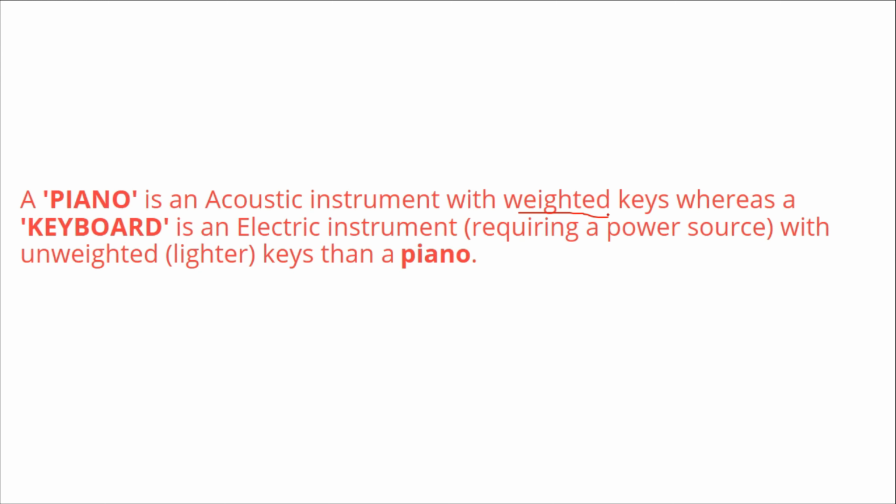In a keyboard also you have a function called touch response, wherein if you press the keys harder, the sound is louder, and if you press softer, the sound is softer. So the sound of the keyboard or piano depends upon the intensity of the hit on the keys.